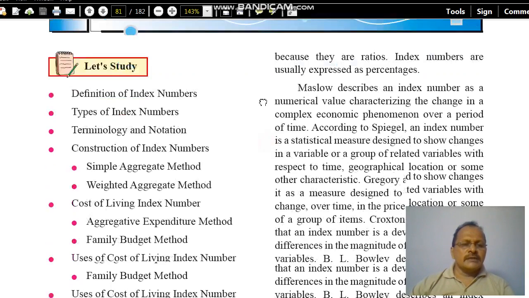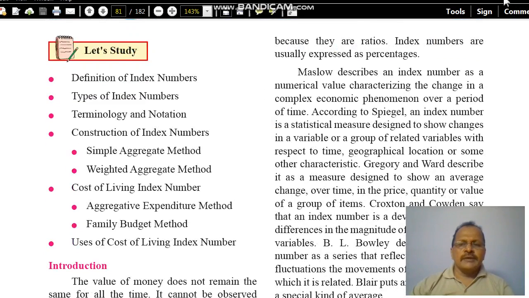In this lesson, what we are going to study is the definition of index numbers. Then we will see different types of index numbers. Then the terminology and notation we are going to use for the index numbers.